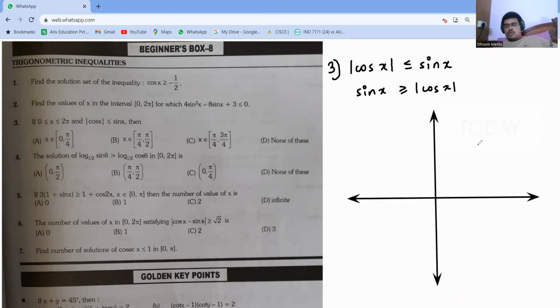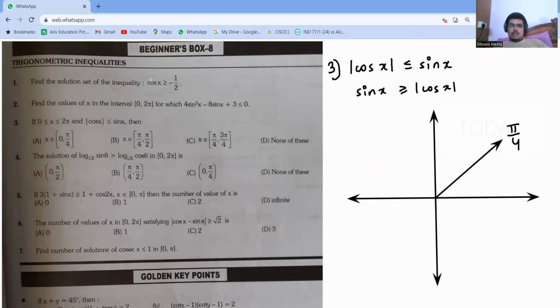See, let us go quadrant by quadrant so that we understand. The first thing that will help you understand which region we will choose is the value of x for which sine and cos have the same answer. Can you tell me that angle? 45. Okay, so this is 45 degrees, pi by 4.